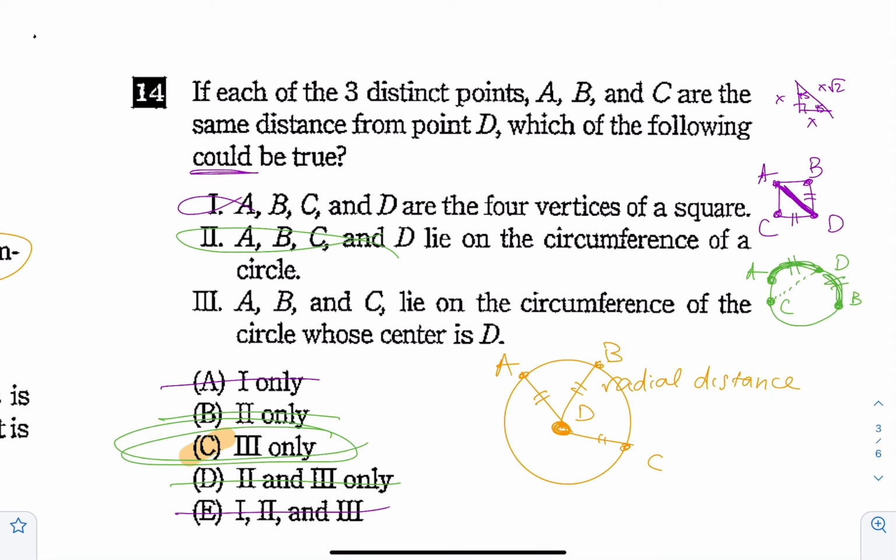So 3 is the only one that works, and that's why the answer is choice C. And for 14, you have to just draw the scenarios for each of these situations. And the key word here is distinct, which means different or unique. So points A, B, and C are unique points. They can't be on top of one another.